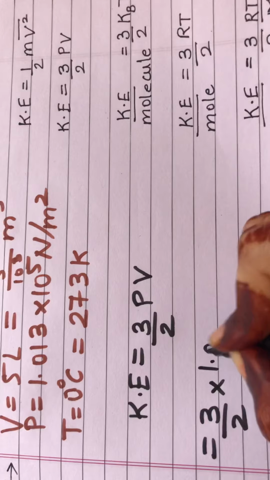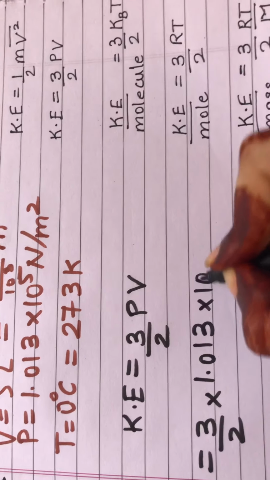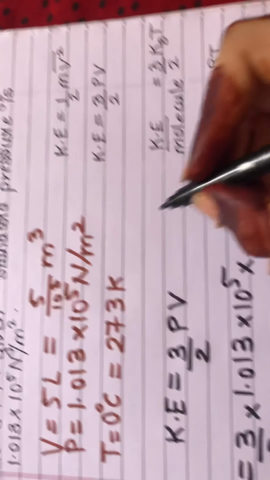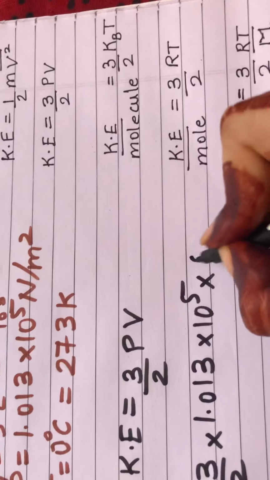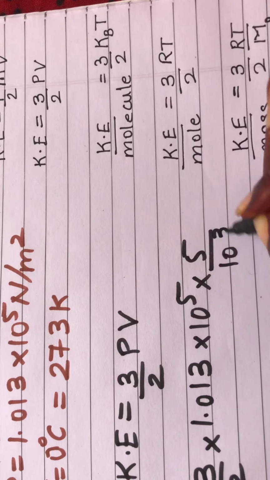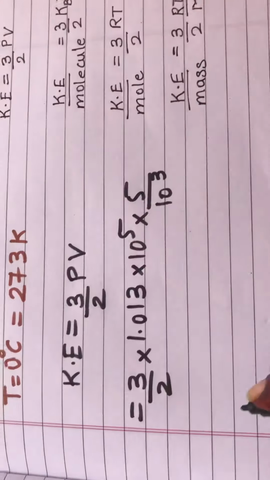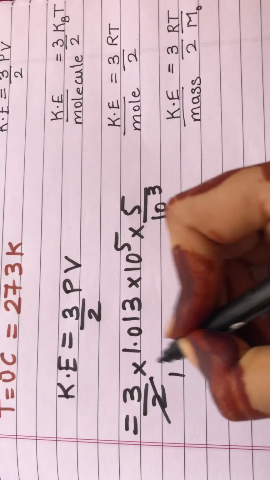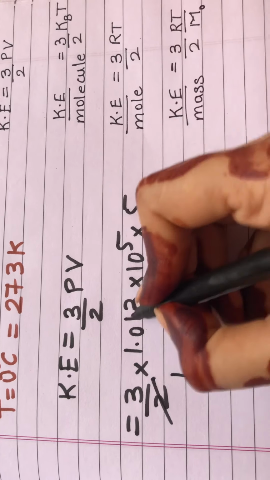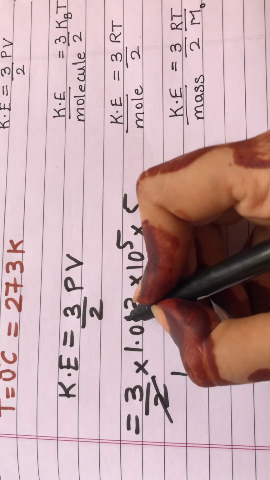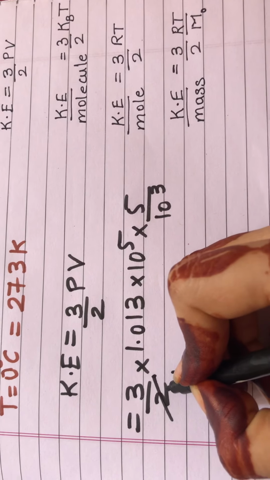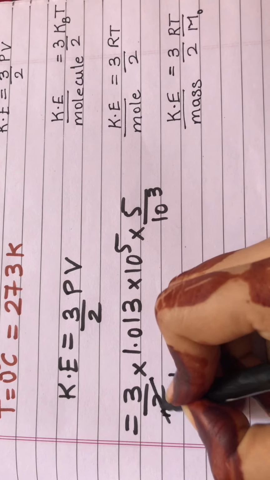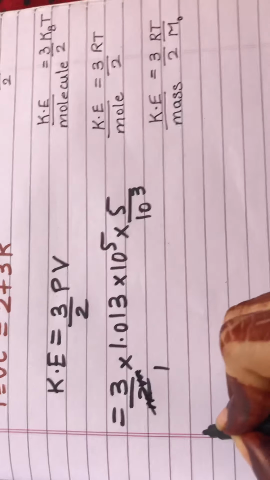It is 1.013 into 10 raised to 5 into volume, which is 5 upon 10 raised to 3. Now if I try to cancel 2, let's not cancel at this moment, let it be as it is.